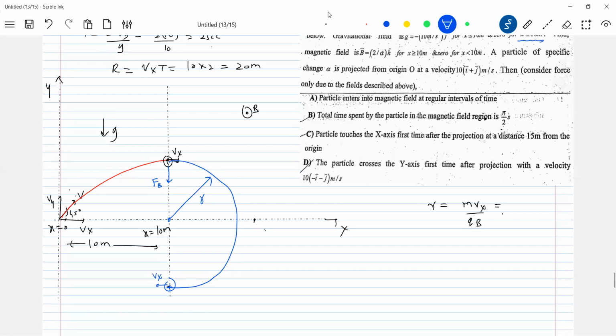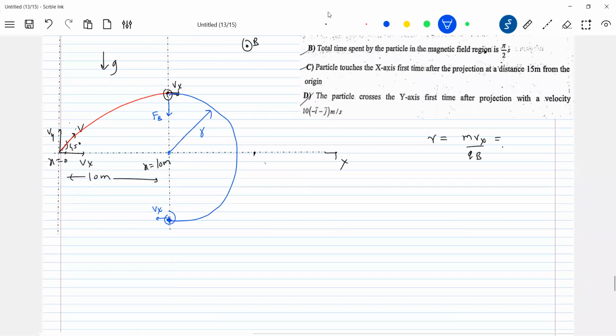Now what will happen? The moment it leaves the magnetic field, under the influence of gravity, how should the path of the particle be? It should be parabolic. It's going to describe a parabolic path, and it will touch the negative y-axis here. So just like I am telling, you read the question and get the directions, the fields, everything, no?